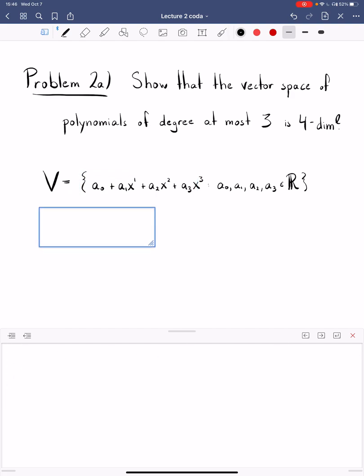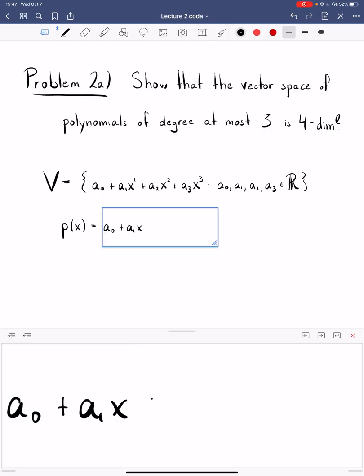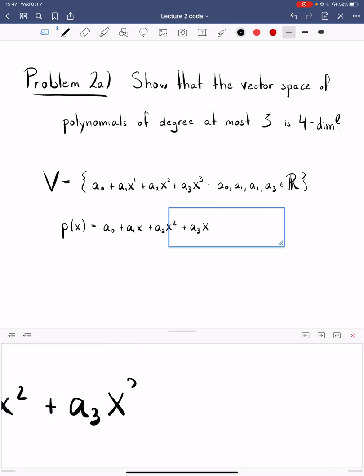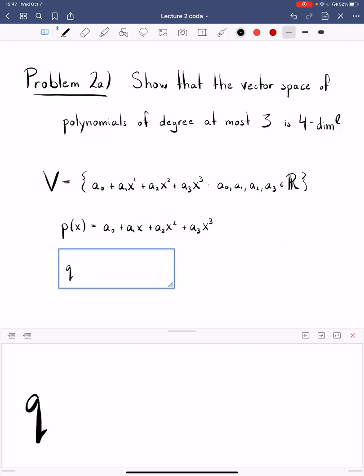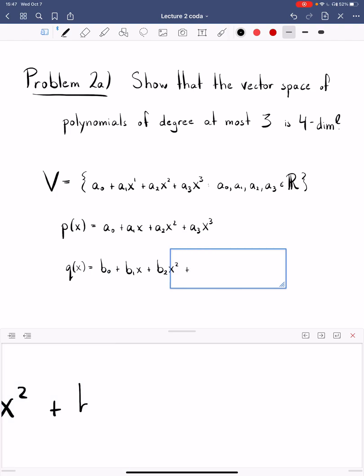Let's briefly recap this vector space of polynomials. Suppose I have a polynomial p of x equal to a0 plus a1x plus a2x squared plus a3x to the power of 3, and another polynomial, q of x, which is b0 plus b1x plus b2x squared plus b3x cubed.